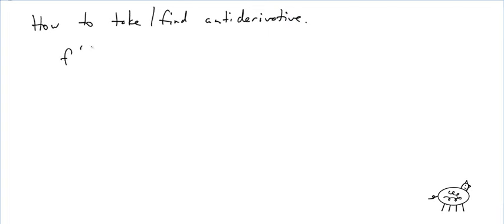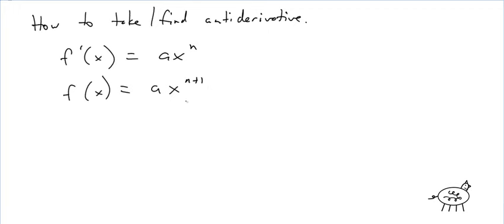If you have f prime of x, and you're starting out with ax to the n power, this is the deal. You definitely know you raise this by 1. Then you have to divide it by that power you raised it by. Because think about it, if I go from here, don't I bring that n plus 1 down?